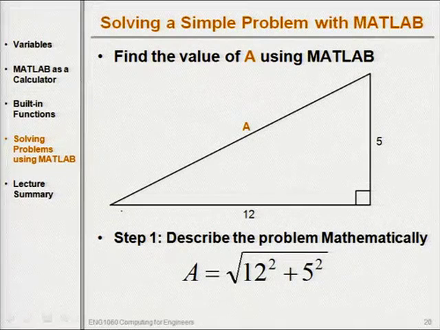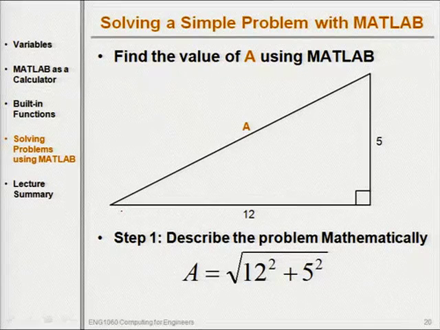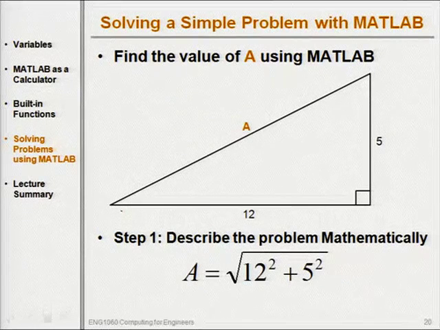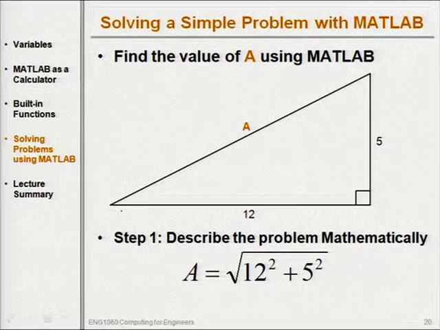So now, if you're going to try to solve a simple problem with MATLAB, you'll have a similar question like this for your lab next week. All of you hopefully would have done this problem. This is called the Pythagoras theorem.